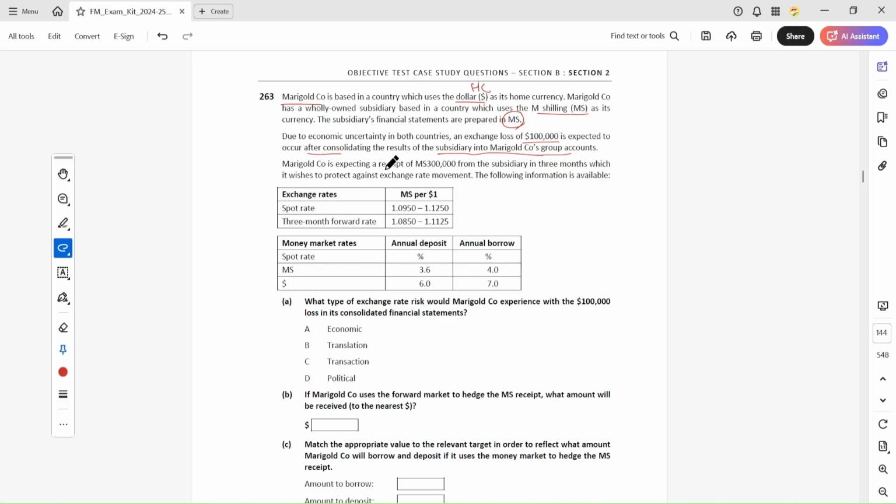Marigold is expected to receive MS 300,000 from the subsidiary in 3 months, which it wishes to protect against exchange rate movement. The following is available: exchange spot and 3 month rates, annual MS and dollar deposit and borrow rates. Okay.